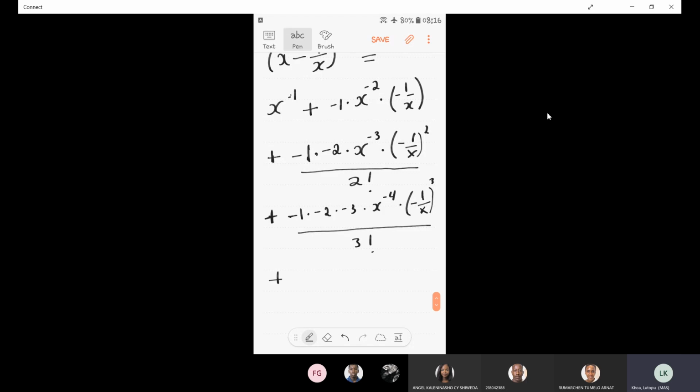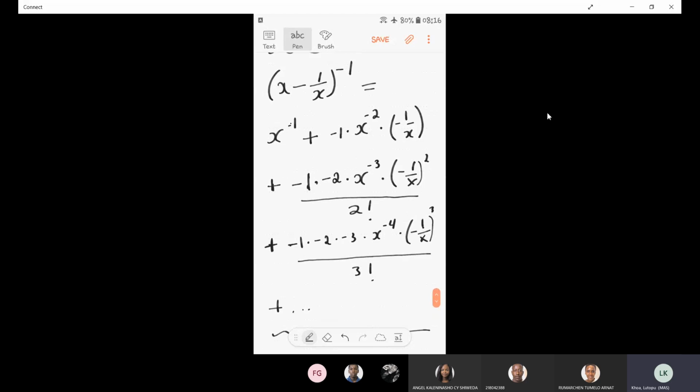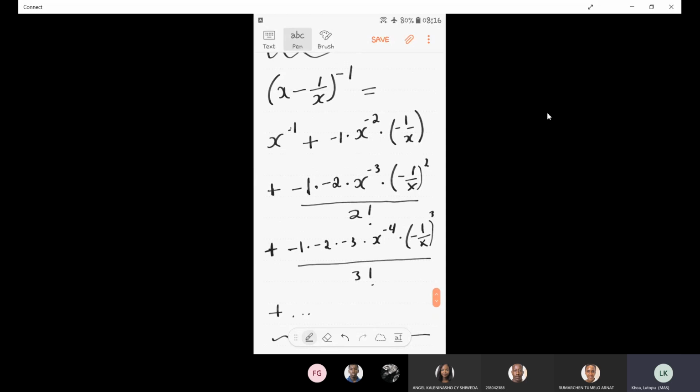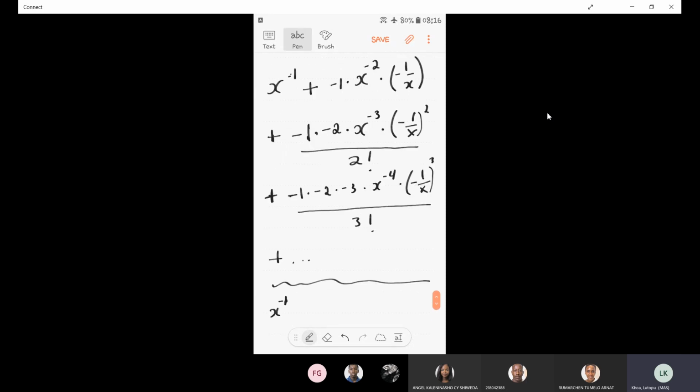And I have to put my dots to show that it continues in that way. Okay, then we simplify as far as possible and then write down our restriction. So the first one, I have x to the power of minus 1. So I'll write it like that. Simplify everything and then maybe rewrite it as 1 over x again.